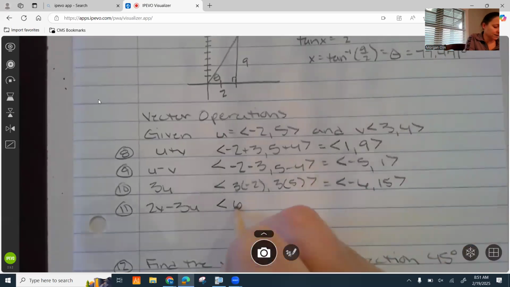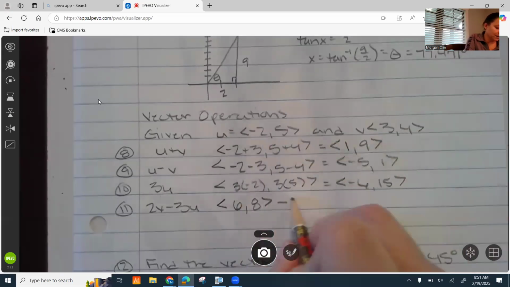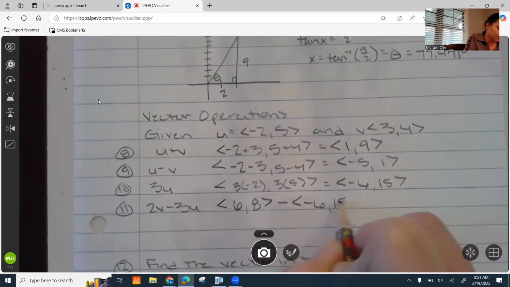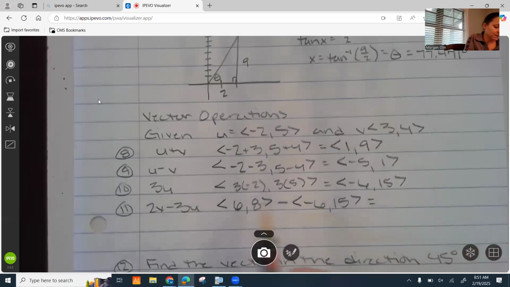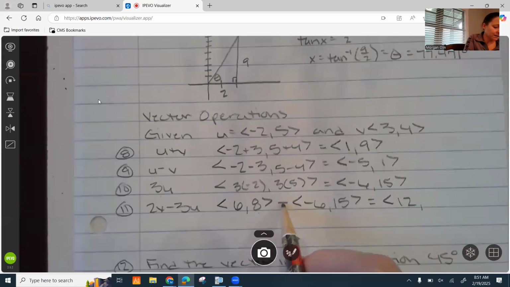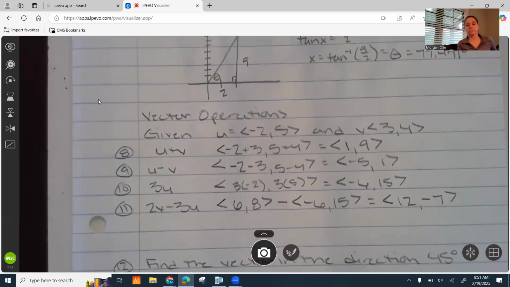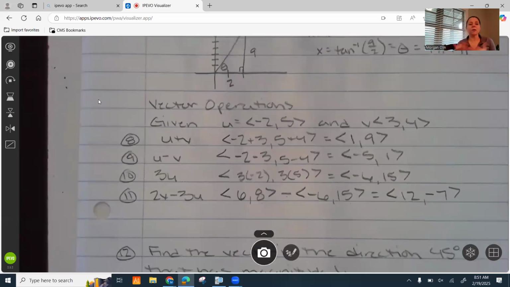So that's 6, and then that's going to be 8, minus 3 times, which we just did, -6, 15. So when I subtract them, 6 minus -6 is going to be 12. 8 minus 15 is going to be -7. All right, so straight up operations, like you thought they probably would be.